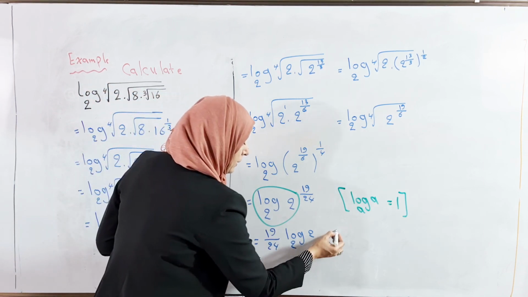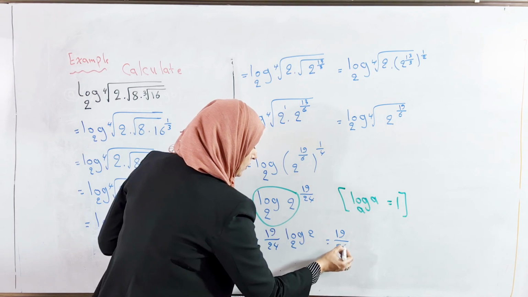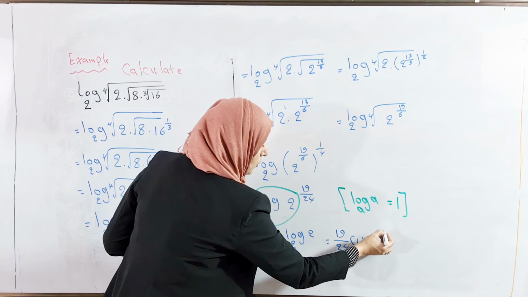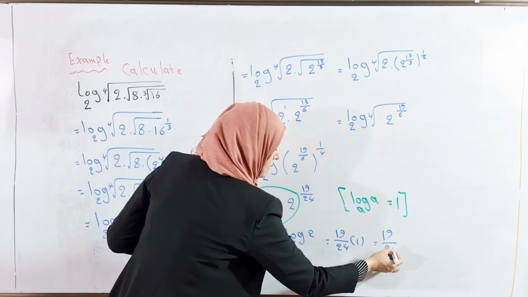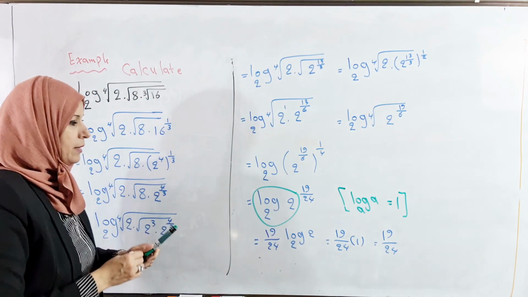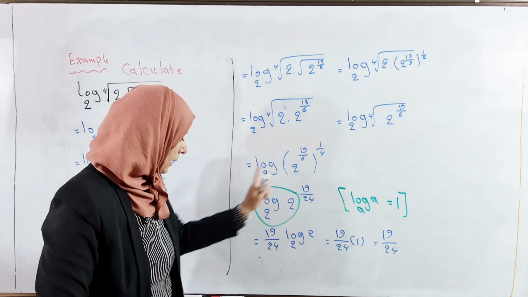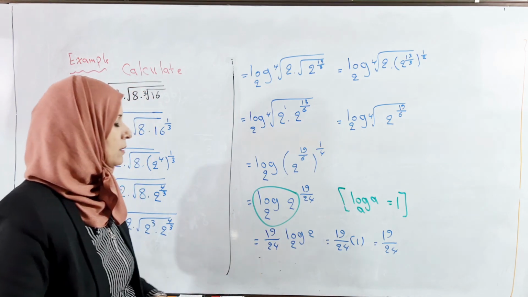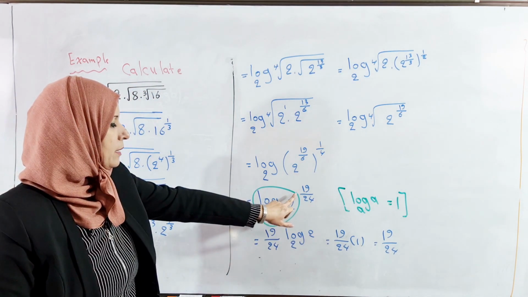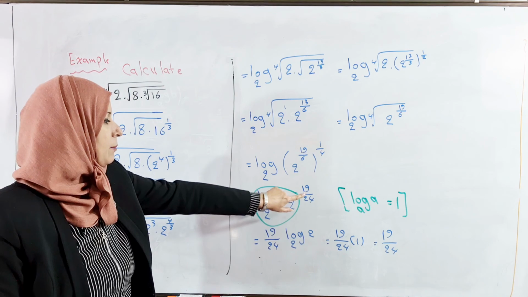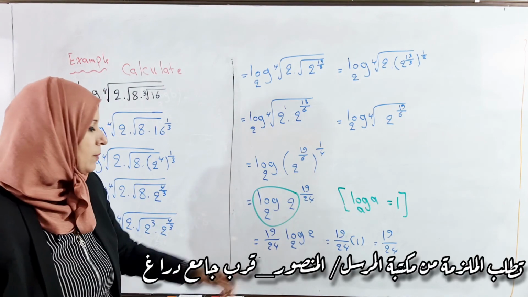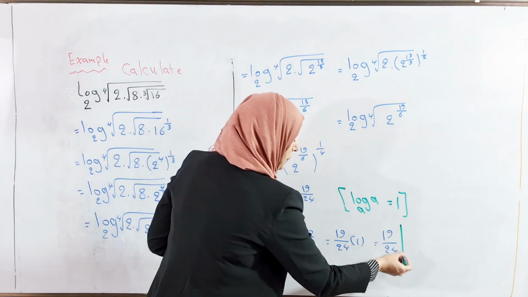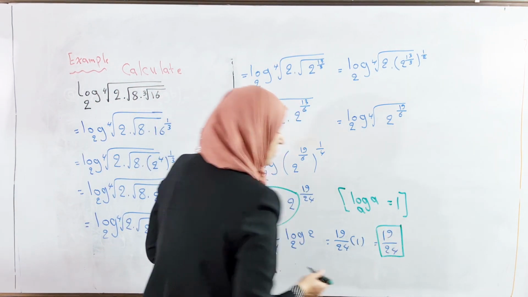That means will be 19 on 24 multiplied by 1 will equal 19 on 24. هذا هنا عندي الأس خليته أمام اللوغاريتم، طبقت عليه واحدة من خواص اللوغاريتمات اللي من عندي إذا كان عندي العدد مرفوع إلى أس، معنى هذا الأس بإمكاني أجي أقدمه أمام اللوغاريتم. فصار عندي الناتج the result will be 19 divided on 24.